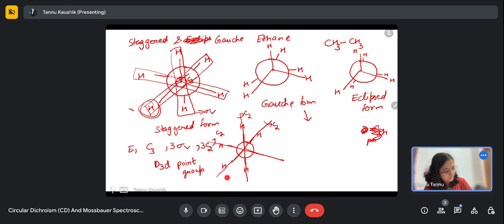But in the gauche form, we have only C2 axis of symmetry, which is passing through these bonds, C2 axis of symmetry.